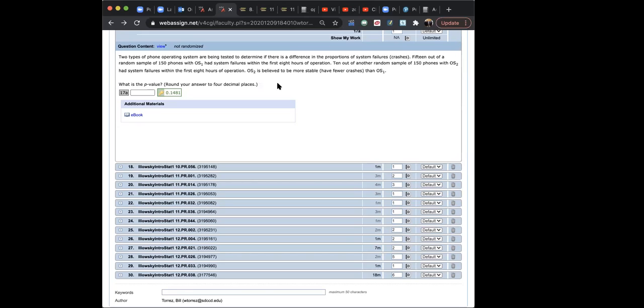And we might conclude that OS 2 is more stable than OS 1, okay?